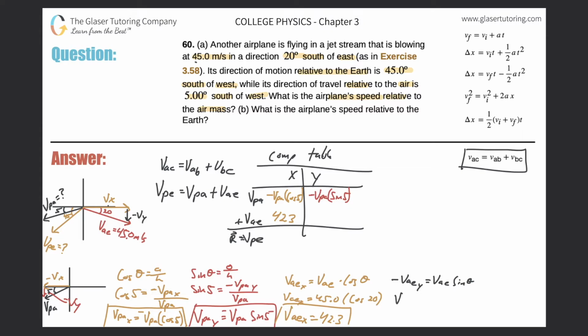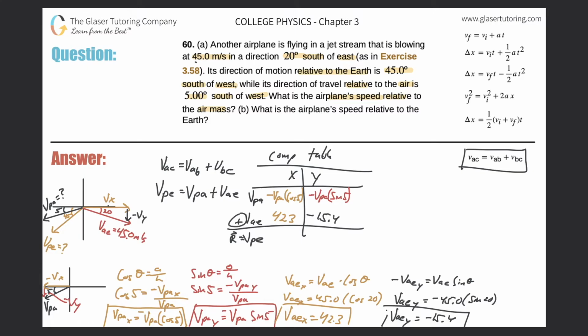The velocity of the air relative to the Earth in the y direction will be equal to negative 45.0 multiplied by sine of 20. Cool. And now negative 45 times sine of 20 is negative 15.4. So plug that into the table. All right, negative 15.4. Now, great, everything's good.